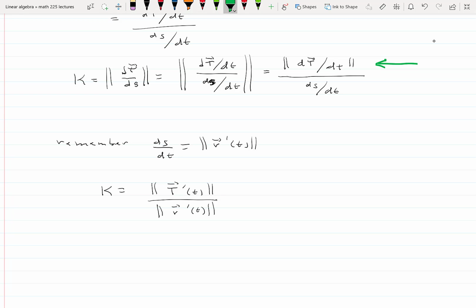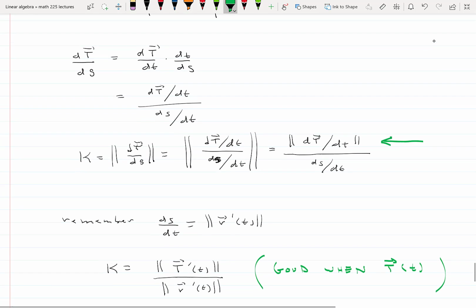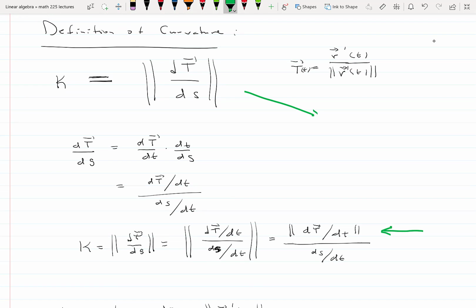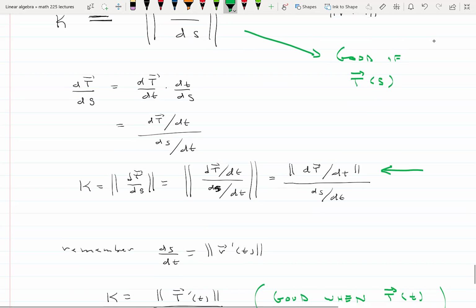This formula is good when T is a function of time, which it most often is. The original definition is a good formula if T is a function of s, which is not usually the case.